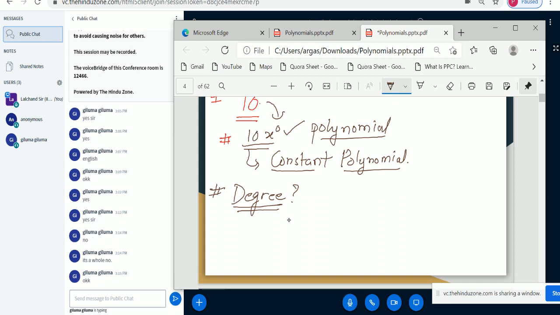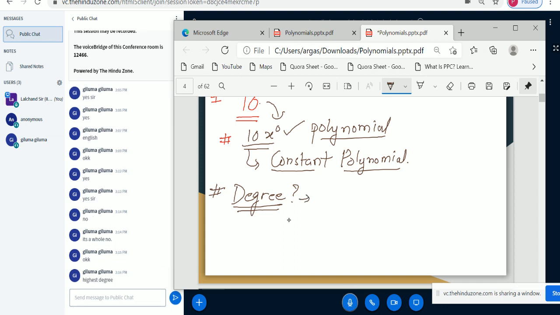Basically, degree is the highest exponent present in a polynomial.